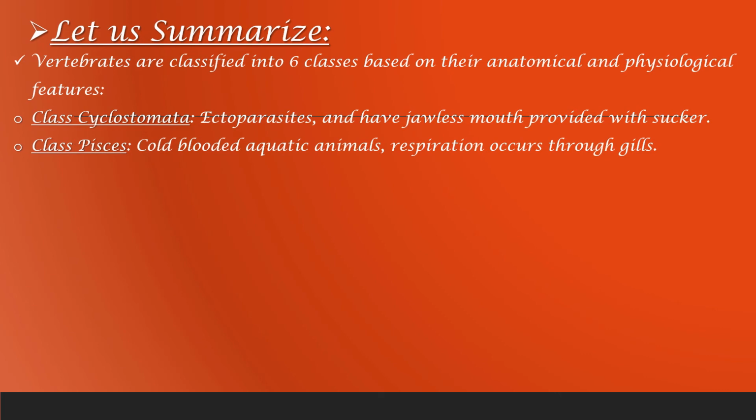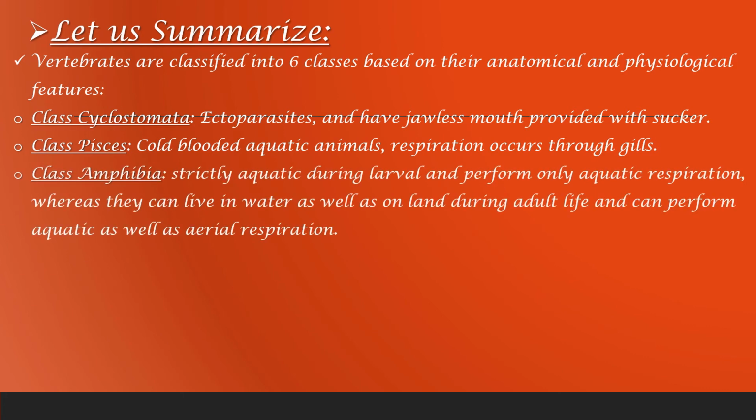Respiration occurs through gills. Then we studied class Amphibia. Animals belonging to class Amphibia are strictly aquatic during the larval stage and perform only aquatic respiration, whereas they can live in water as well as on land during adult life and can perform aquatic as well as aerial respiration.